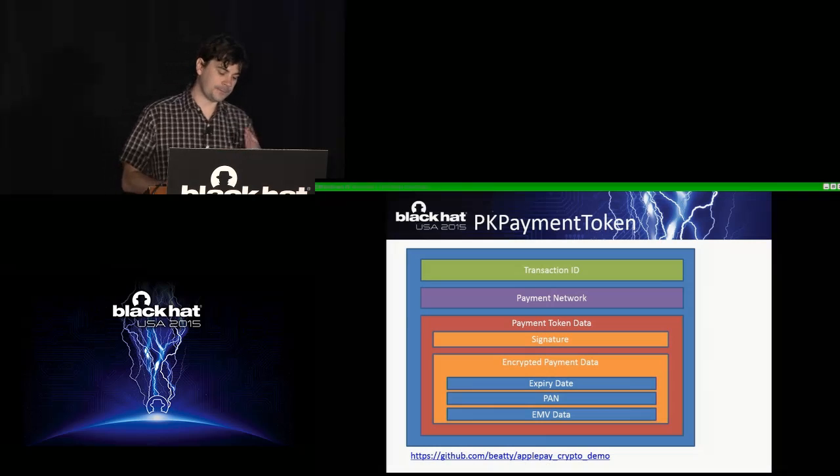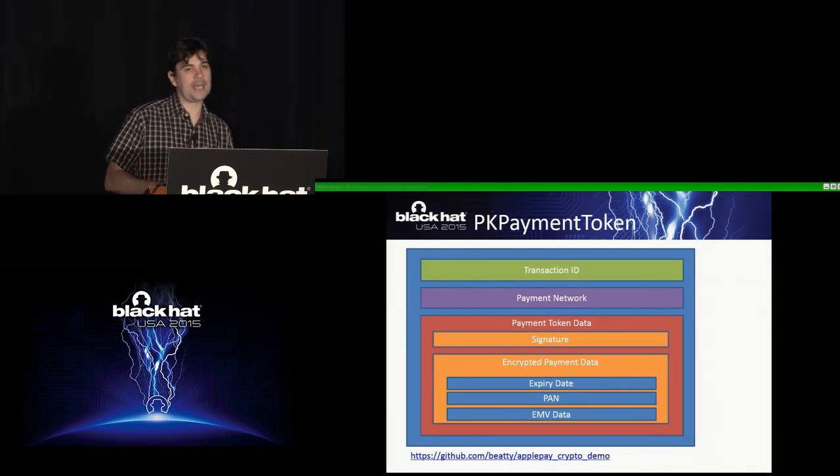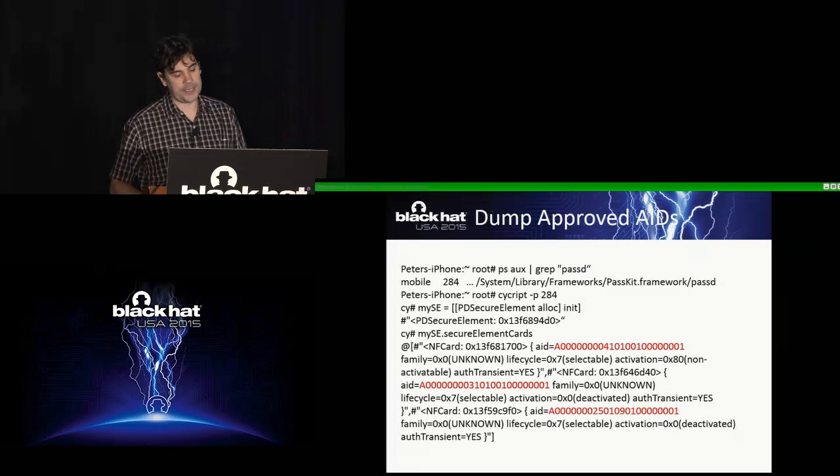So you find that once you decrypt that payment data, it's actually just got EMV tags that have responded back from the device. I was playing around and found a command where you can dump the approved AIDs. These are the cards that are being loaded into your secure element. In this case, these are the test cards that were loaded onto the device when I bought it from the shop.